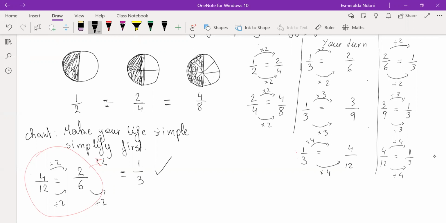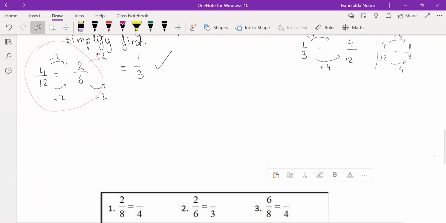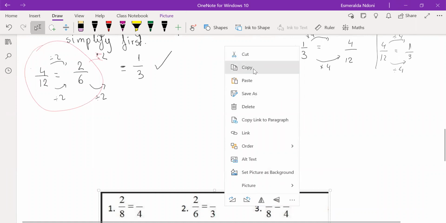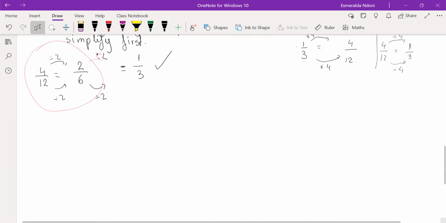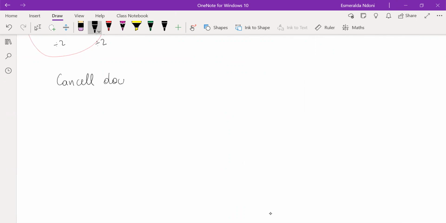Let's just do a couple of examples together so that you understand these questions fully. Let's just get rid of that so that you don't get confused. Okay, so your task is to cancel down or simplify fully.